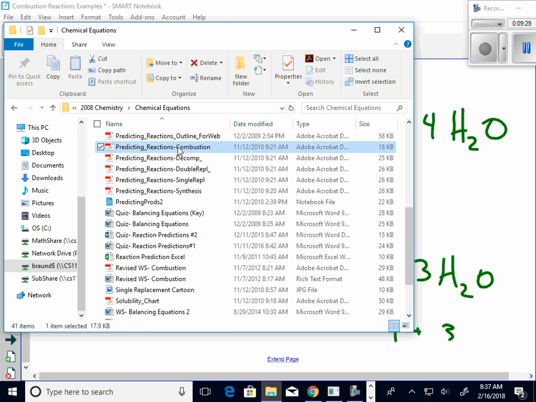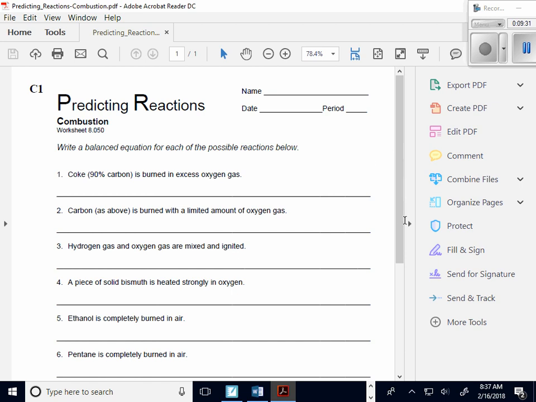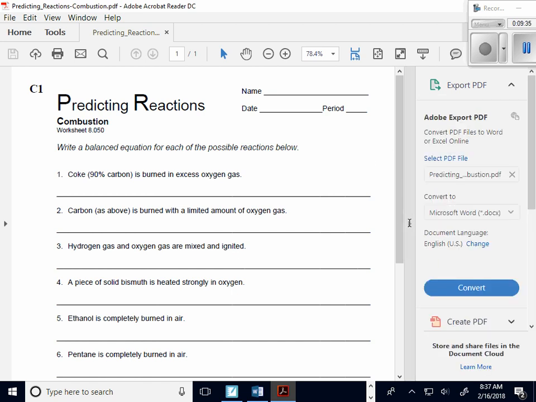Here's my combustion. Not all of these are combustion reactions, ladies and gentlemen. I'm ready to roll right up here. And it won't play nice with me. It won't open it up. Okay, let's look at these.